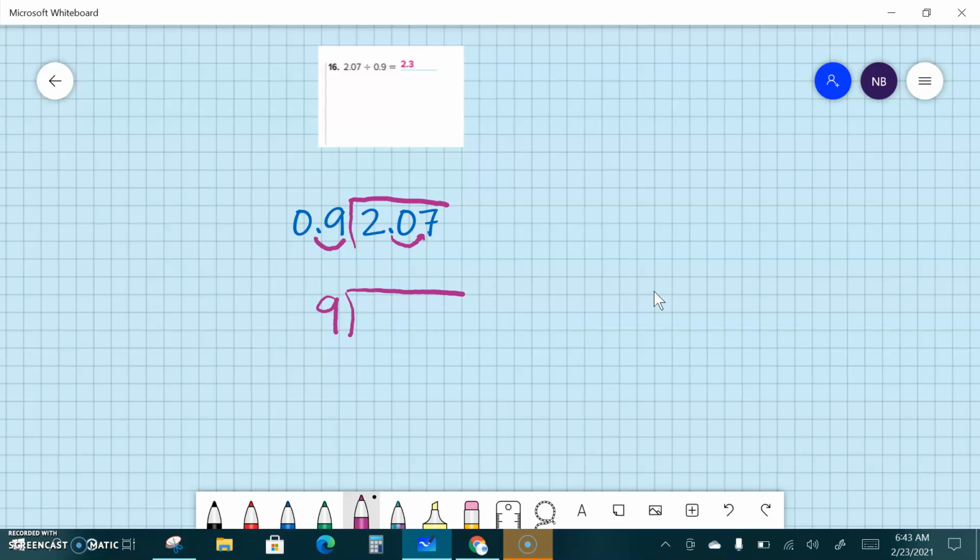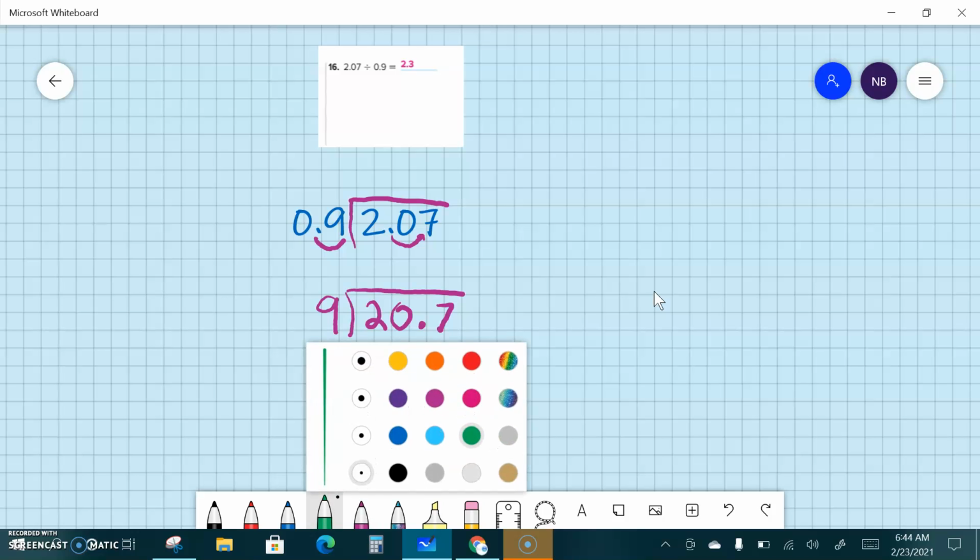So I'm going to move that decimal over there, one space. So I have two smiley faces, one on this side, one on this side. Only one on the outside, one on the inside. If it was 2 on the outside, then it'd be 2 on the inside. So I now have 20.7.